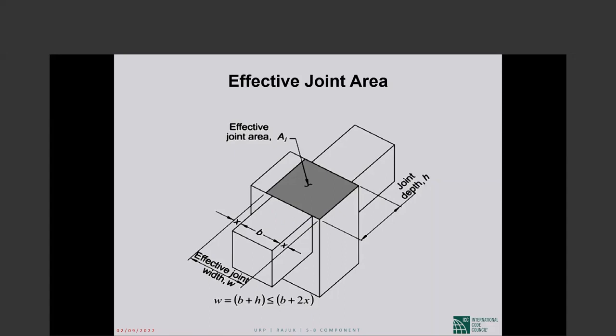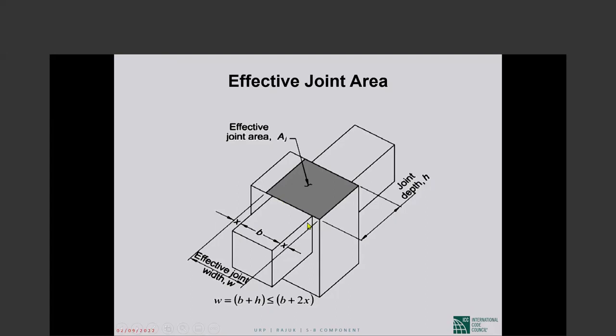But when the beam framing in is narrower than the column as in the picture, the effective joint width is the smaller of two things: either B plus H, the beam width plus the joint depth, or B plus twice the shorter distance between the beam face and the column face.